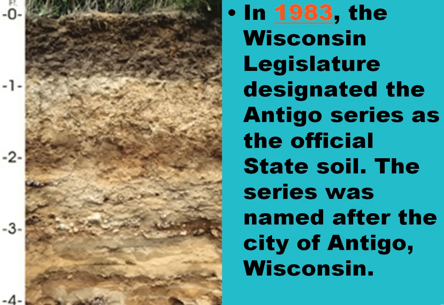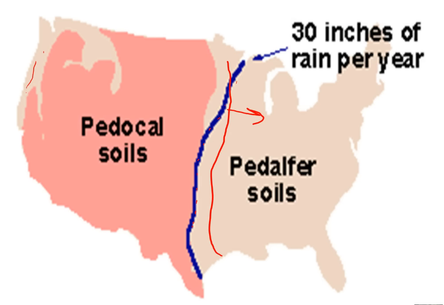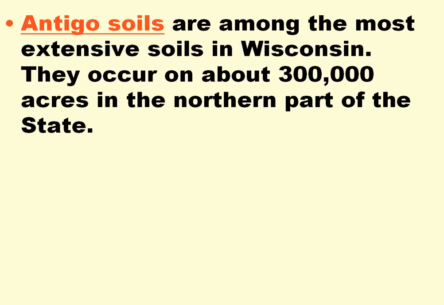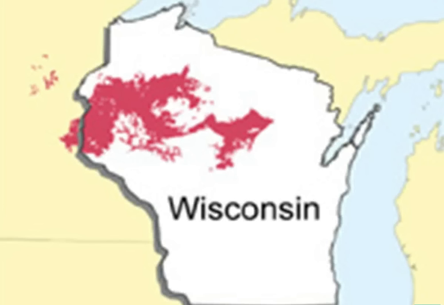In 1993, the state legislature designated the Antigo Series as the official state soil for Wisconsin. It was named after Antigo, Wisconsin, a city found right here in this area of Wisconsin where you find the Antigo Series.